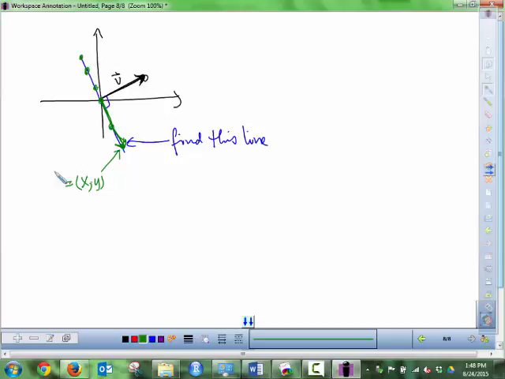So I know that if these two things are perpendicular, regardless of what point I have on this line, that vector, the green vector, is always going to be perpendicular to the v vector. So I know that v dotted with xy is going to have to equal 0. Does that make sense? So that's it.